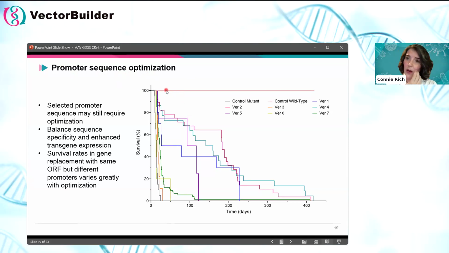Here's one particular case study where we took a mutant for an ORF that results in high lethality compared to the wild type, and we took that same replacement ORF and put it downstream of various different sequence optimized versions of the same promoter, because not only do you need to have sequence specificity, but you need to monitor that transgene expression. And as you can see, there is wide variation in the amount of transgene that is expressed, especially over time, for these different versions of this promoter.